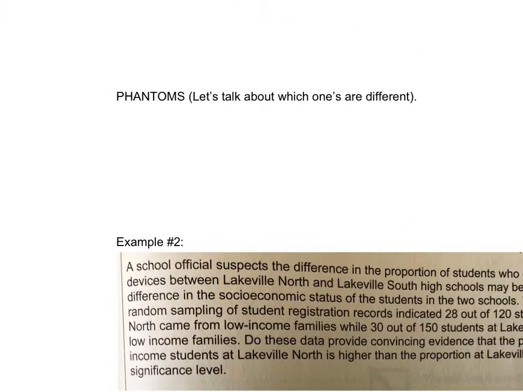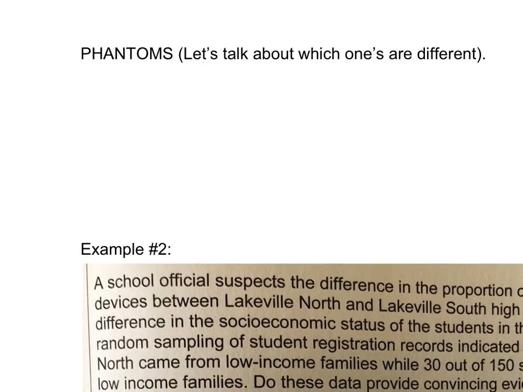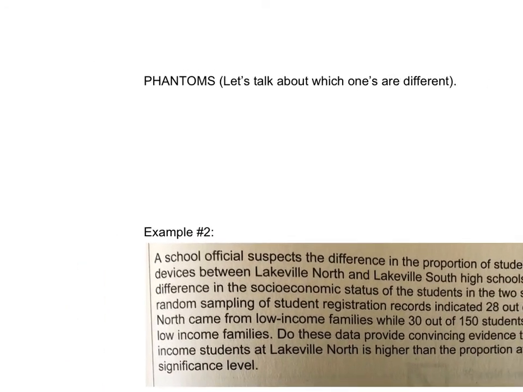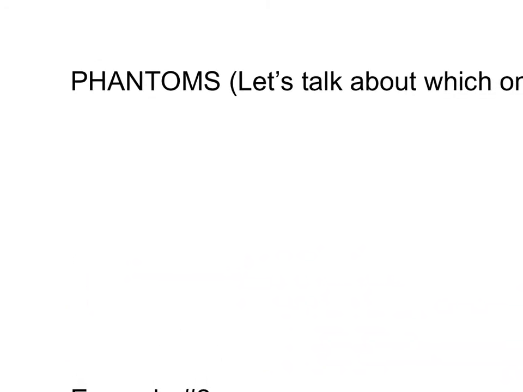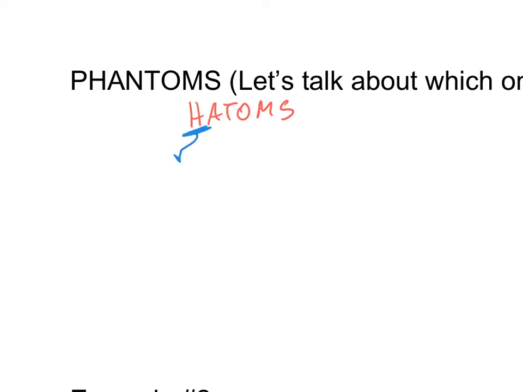Okay, let's move on. Let's do the next one, hypothesis tests. Let's talk about which ones are different than our normals. All right. So again, when we are doing hypothesis tests, we are usually really only talking about the p-hats. So let's talk about, for proportions, what is our null hypothesis? Now, this is what's great about difference in proportions.